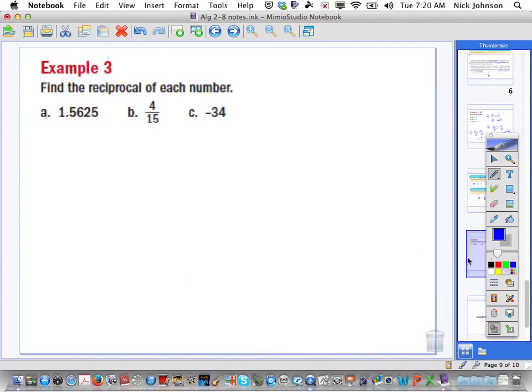Example 3 says, find the reciprocal of each number. Remember, the reciprocal is you just flip it. So this says 1.5625. Well, you could put this over 1.